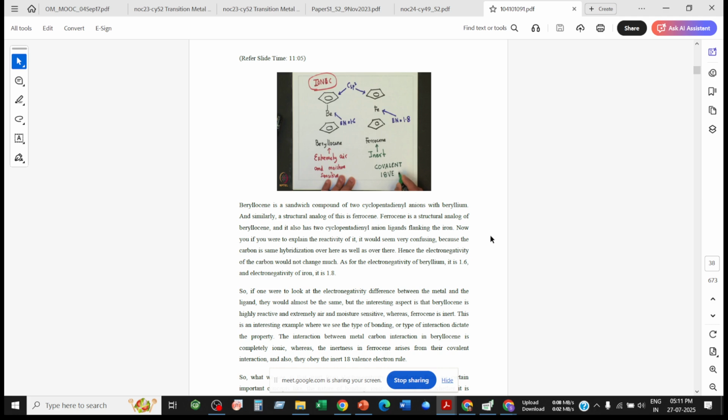So this complex becomes ionic in nature. The covalent compound gives maximum stability compared to the ionic compound. Here, as the ionic bond is formed between beryllium and the Cp, it is highly unstable.